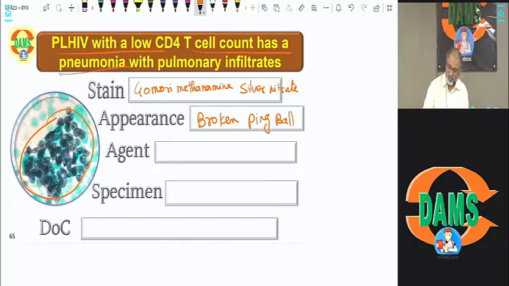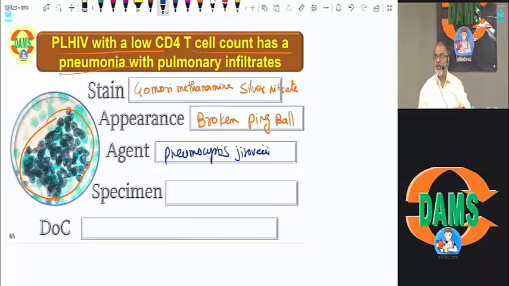Can you name the agent? Pneumocystis jirovecii. What is the specimen? Ideal specimen for Pneumocystis is BAL, bronchoalveolar lavage.